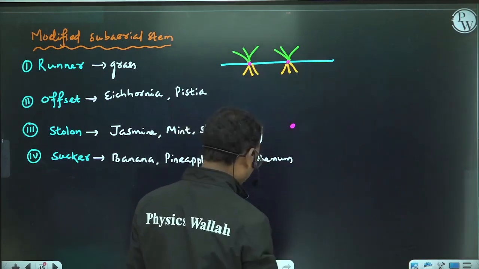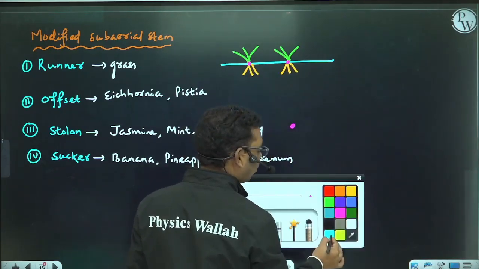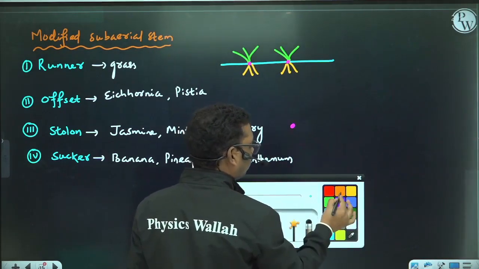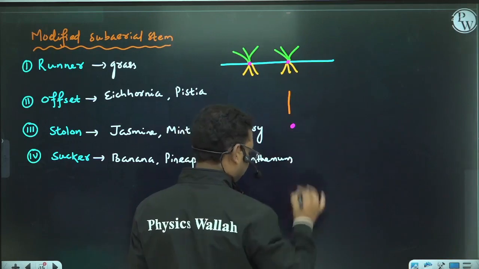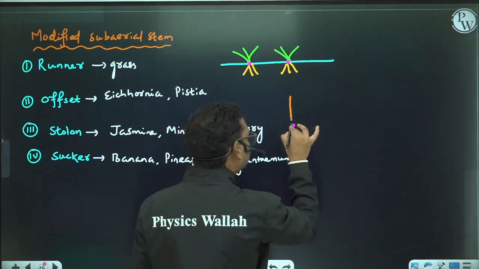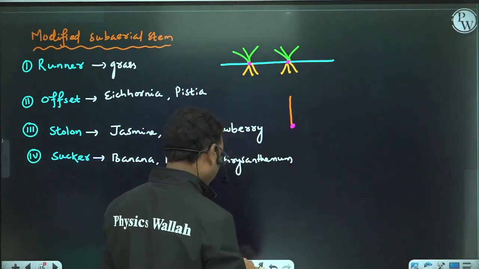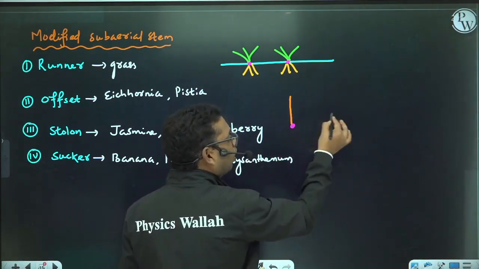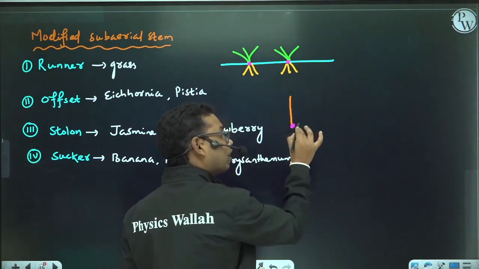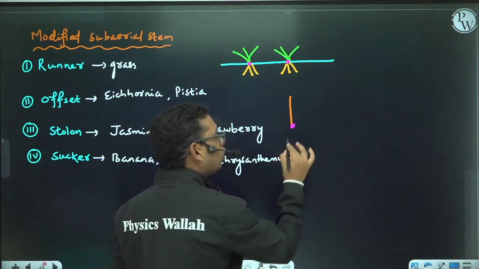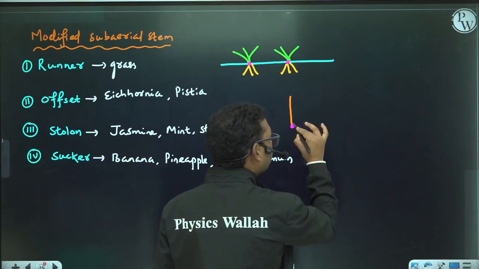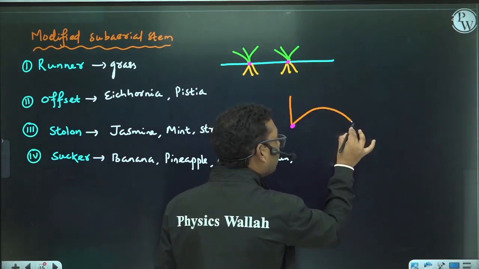From the node a branch will develop. Why? Because at the node an axillary bud will be there, and that axillary bud will grow to form a new branch. This new branch will grow obliquely, and it will come back to the soil surface.